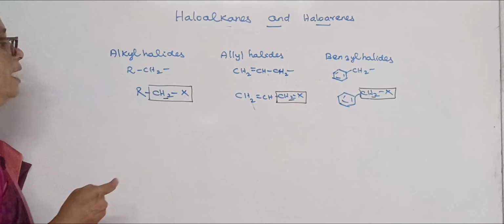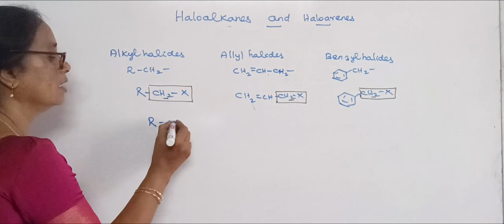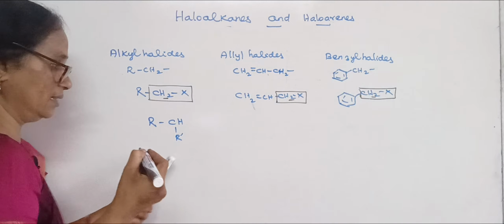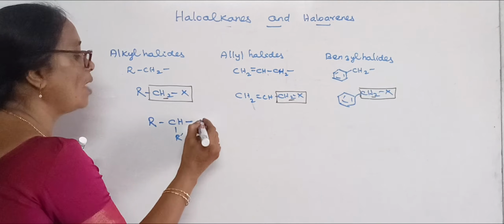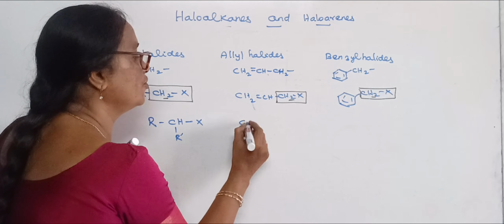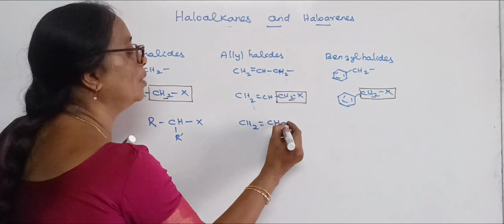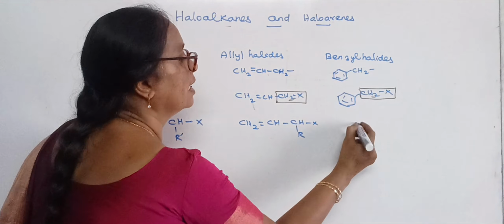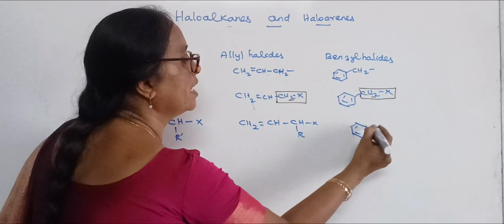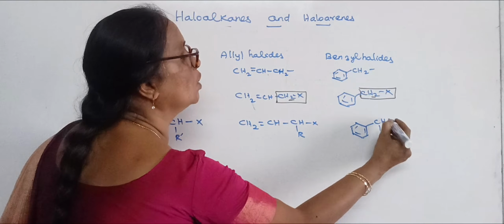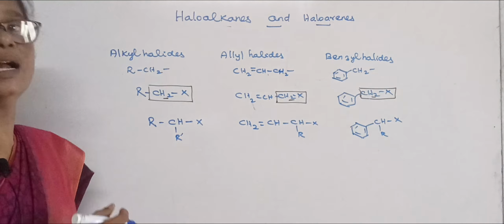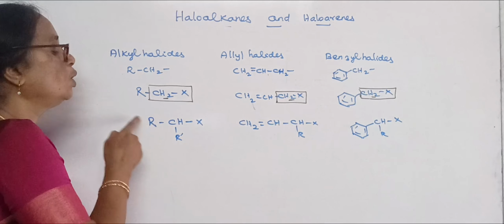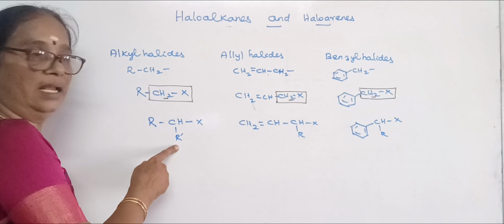So what I will get, I can have R CH, I am going to add one more alkyl group, let us take this as R dash, so now I am getting X. Similarly, for this CH2 double bond CH, CH with R X, and here I can write that phenyl group along with CH with one R and X. Now you may find the functional carbon has two similar or different alkyl groups.